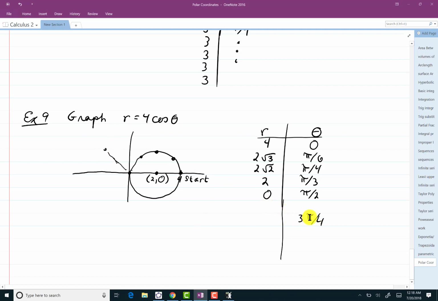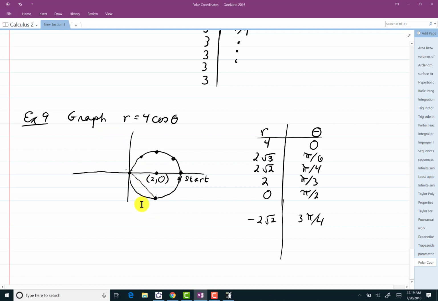Cosine of 3 pi over 4 is negative radical 2 over 2. This gives you negative 2 radical 2. Well, r would want to be pointing in the third quadrant if it weren't negative. Since it's negative, we reflect through the x-axis. And that is where the point is actually located. You see? Negative r values were necessary for that to happen.